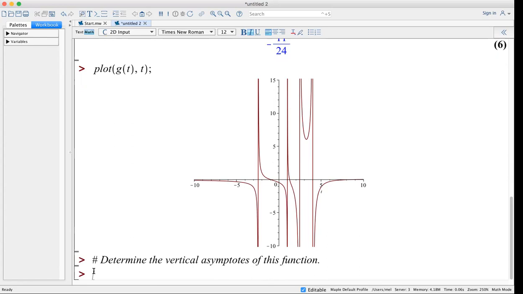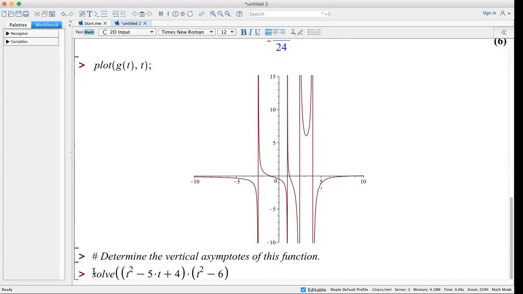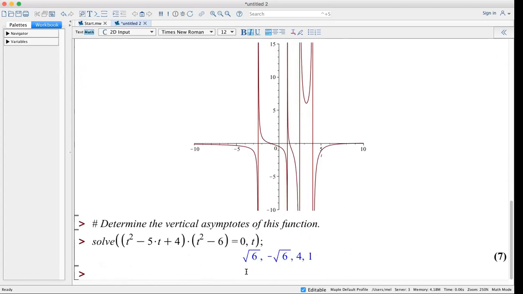And the way we do that is we solve for the places where the denominator is 0. Solve this with respect to t. So we get 4 places where the denominator is 0: 1, 4, minus root 6 and plus root 6.